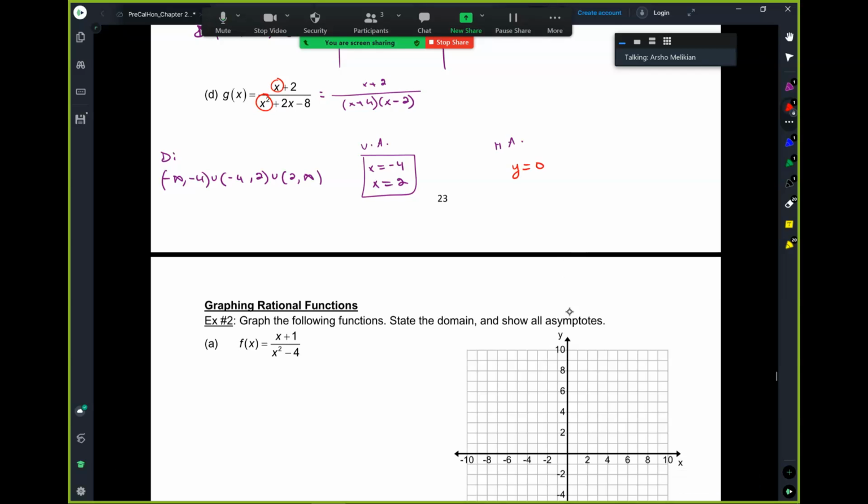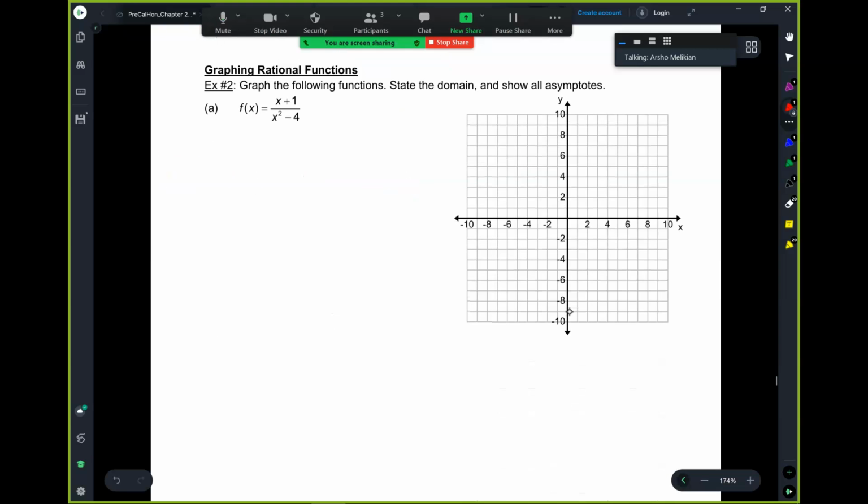Okay? All right. So now, take a look at that function. Once we know all of this, we're actually going to be able to graph that function by hand. Never in your life did you think that would happen. But look at that. Today happens to be the day. So let's do it.